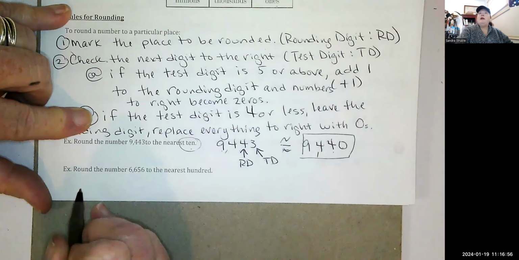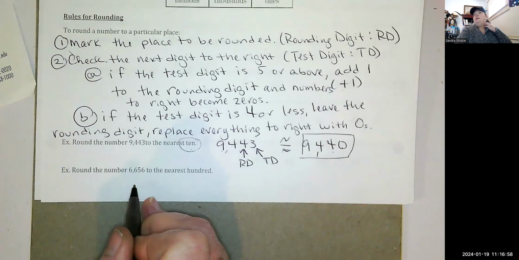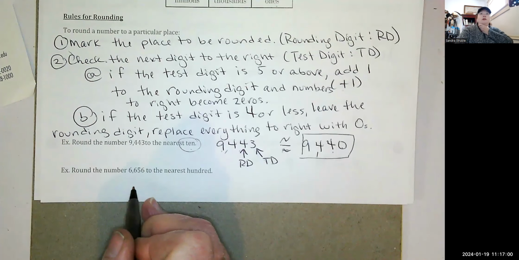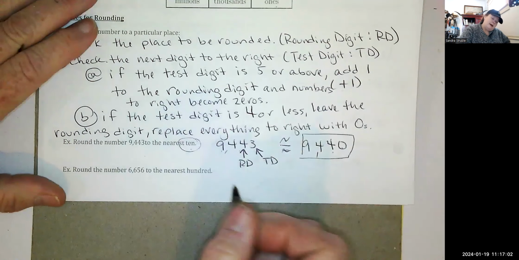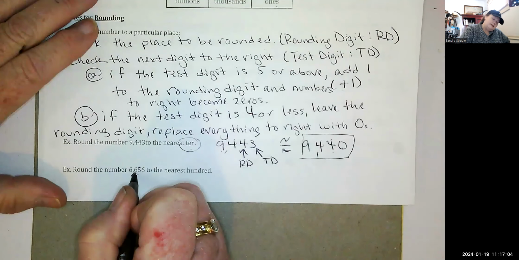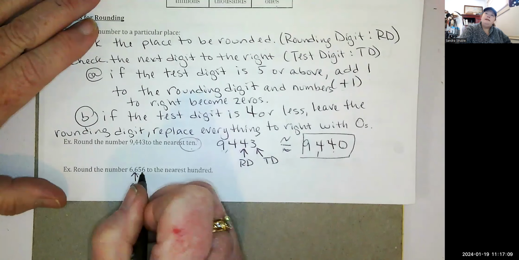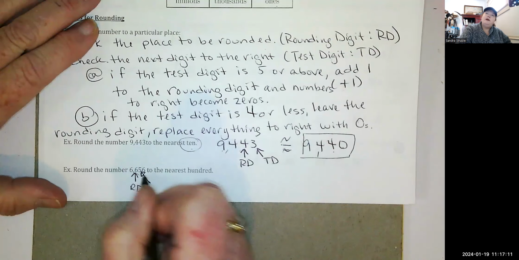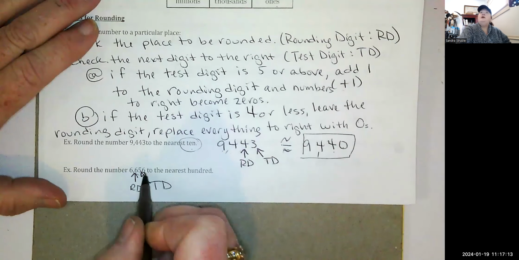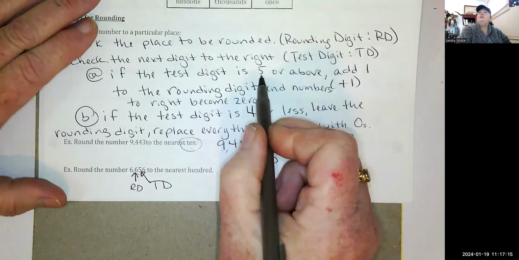Okay. Now we're going to round 6,656 to the nearest 100. My rounding digit is the second 6. My test digit is that 5 right there. So A applies because it's 5 or above.